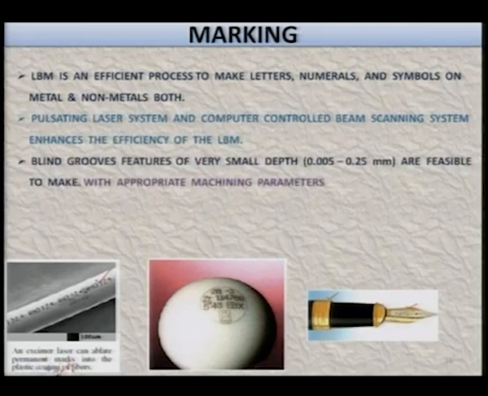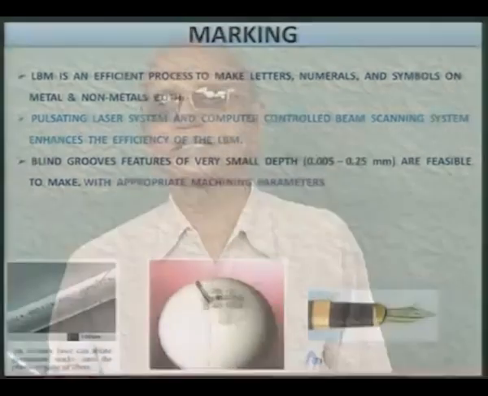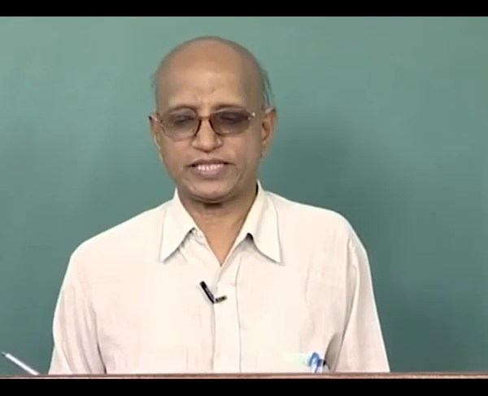Now, laser beam is an efficient process to make letters, numerals and symbols on both metal and non-metal, as we have seen in these three figures. Pulsating laser system and computer controlled beam scanning system enhance the efficiency of the laser beam. All these processes take very small time because we are using CNC features of the laser beam machining system, otherwise it is not going to be very easy.